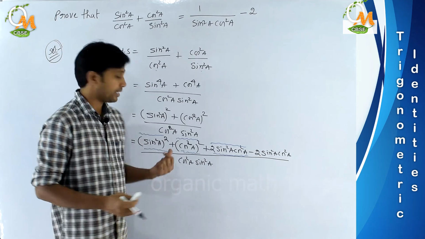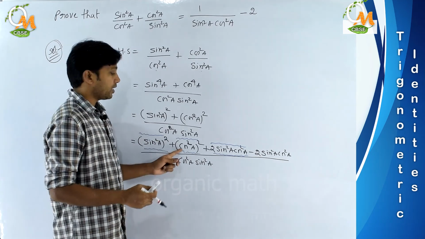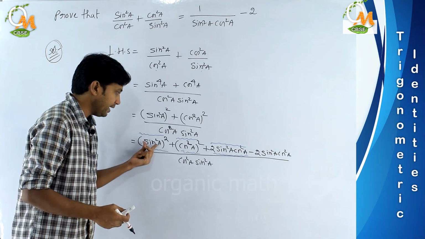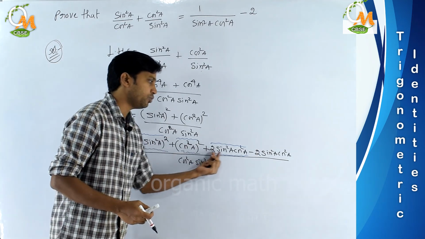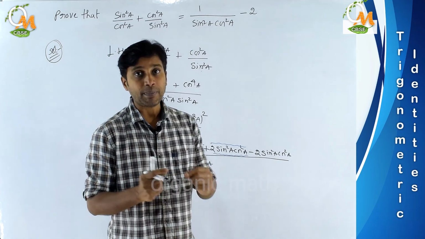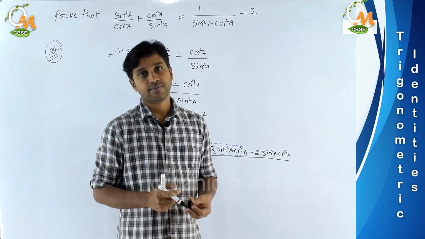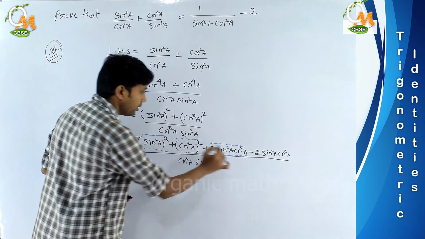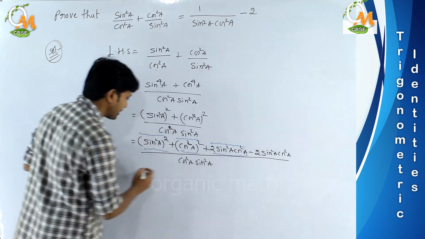If you consider sine square a as a and cos square a as b, then this is in the form of a square plus b square plus 2ab. This is (a plus b) whole square from algebra. So let us write this part as (a plus b) whole square.